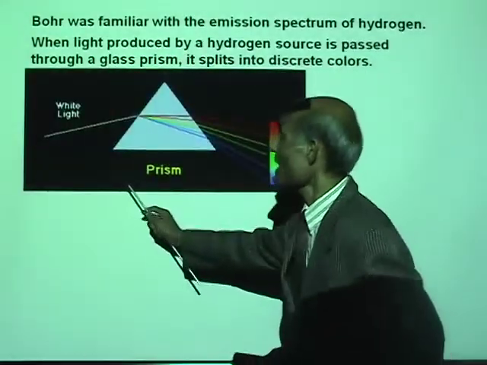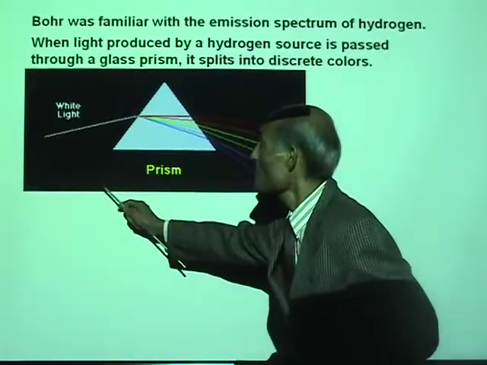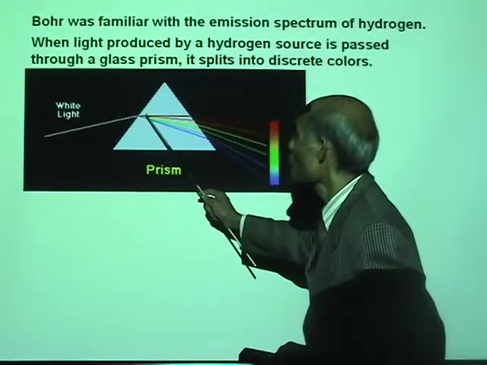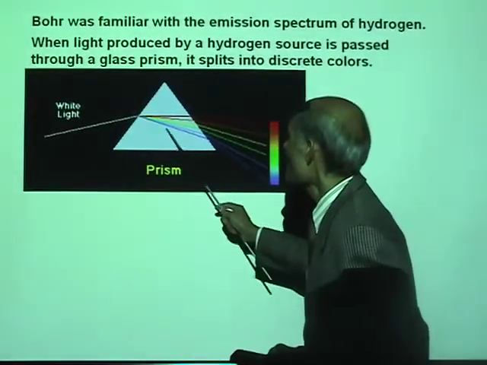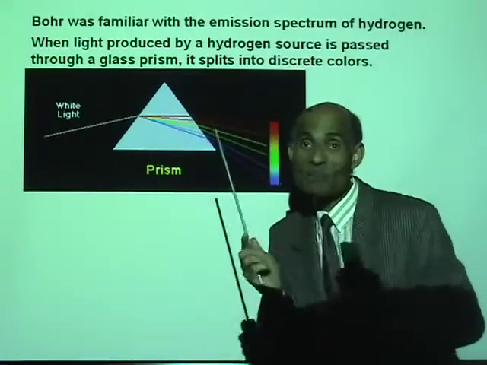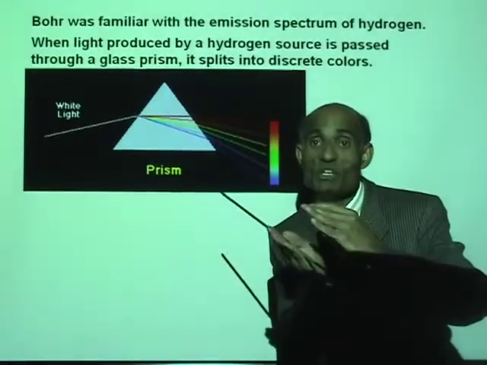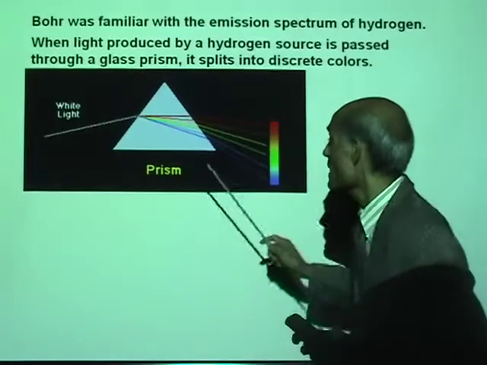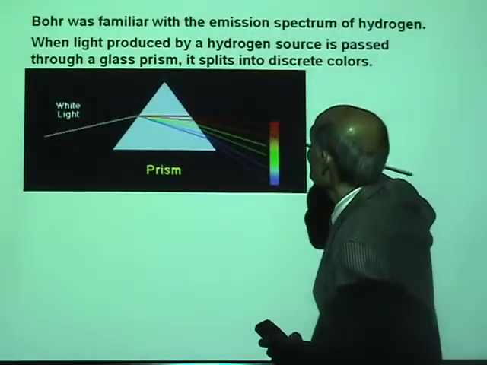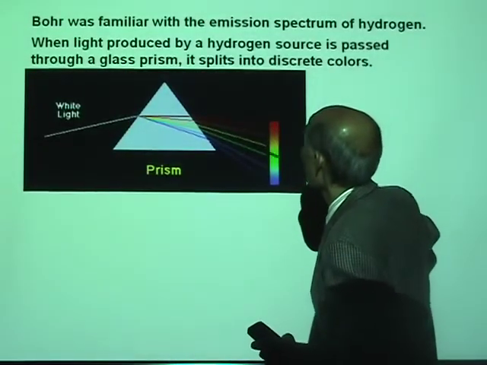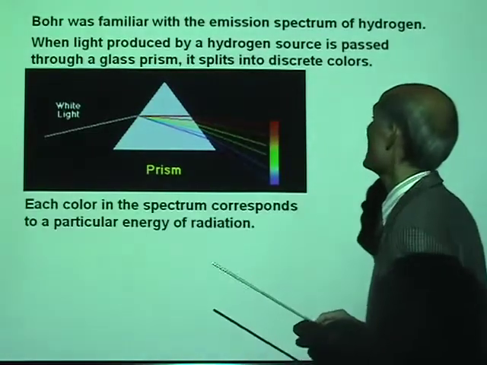Now, this is what happens. This is the light coming from the hydrogen source. When it passes through a prism, each color deviates slightly differently. So you get red, blue, and purple, the way you see here.